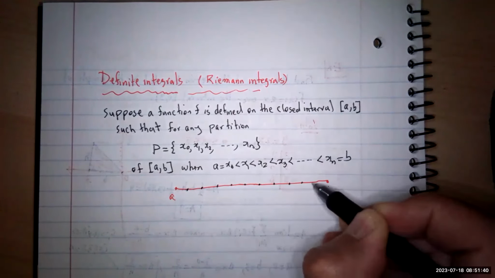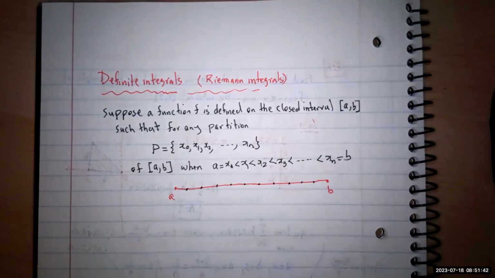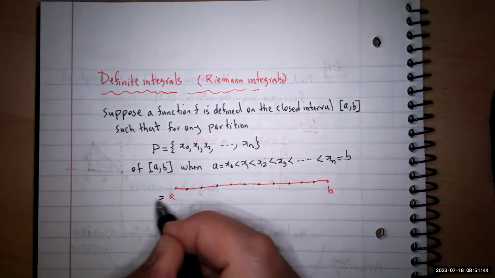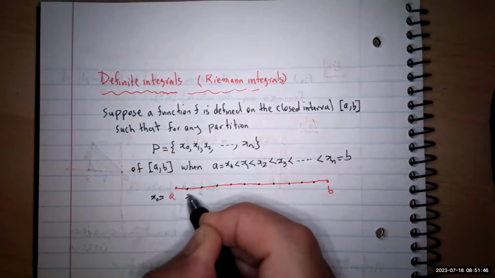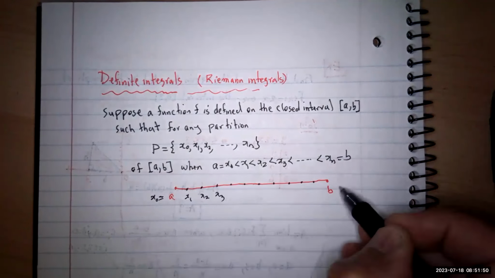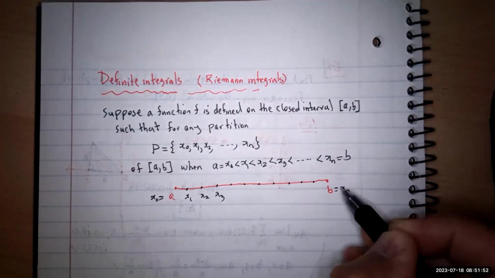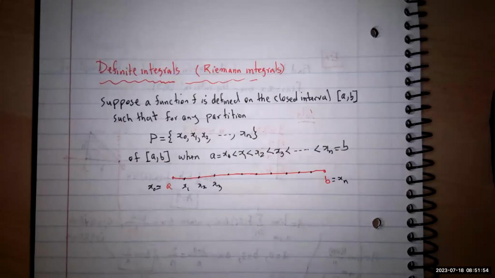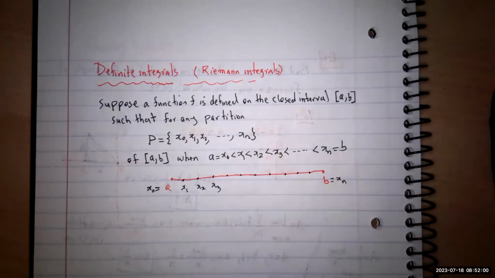So this is going to be x0, and this is going to be x1, x2, x3, you call the last one xn. It's like the one that we did for partitioning those triangles. If you have 0 and 6, so the length is 6, you divide it into 100 parts, 10 parts, etc. So it's going to be called any partition.